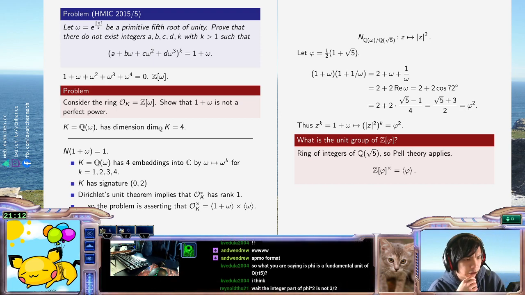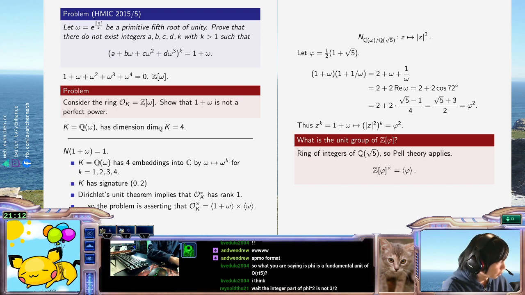Yeah, I think phi should be the fundamental unit.